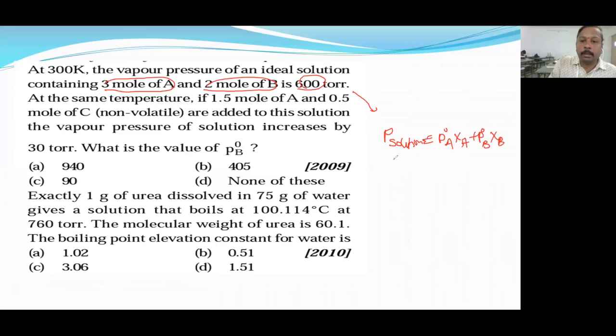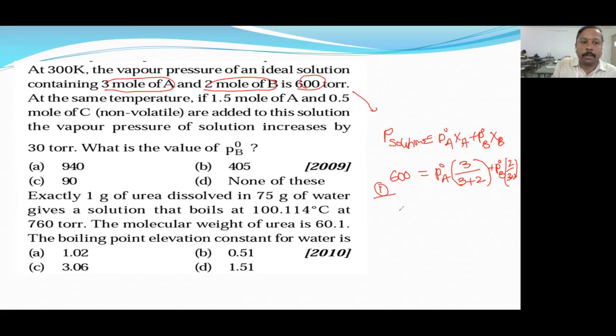P solution is given as 600. So 600 is equal to P naught A, which we don't know, into XA, which will be 3 moles of A divided by 3 moles of A plus 2 moles of B. Same way, P naught B into 2 by 3 plus 2. Okay, so this will be one equation. Let us take this as the first equation.